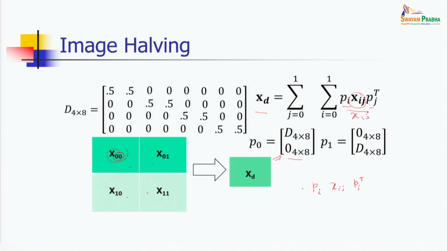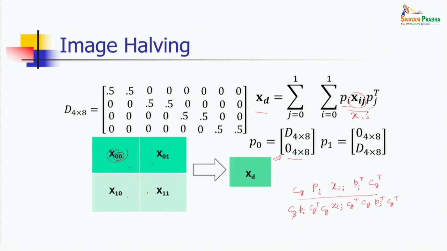So in the DCT, if I apply the DCT transform of that 8 cross 8 block, I have to do it like this, C8 and C8 transpose. And C8 transpose is equal to C8 inverse, because it is an orthonormal transform. So I can write this as C8 Pi C8 transpose, once again C8 Xij C8 transpose, and C8 Pj transpose C8 transpose.